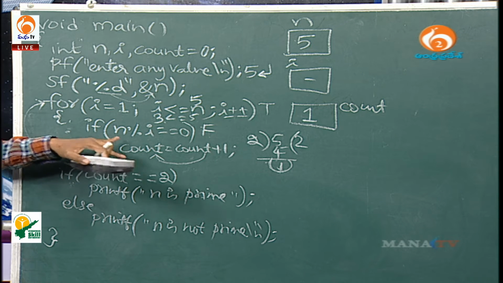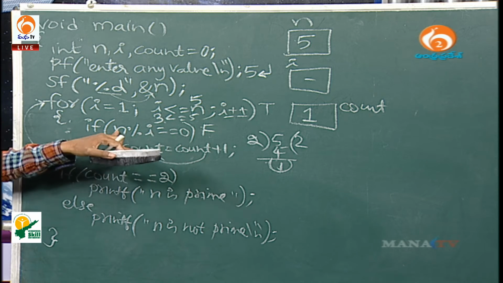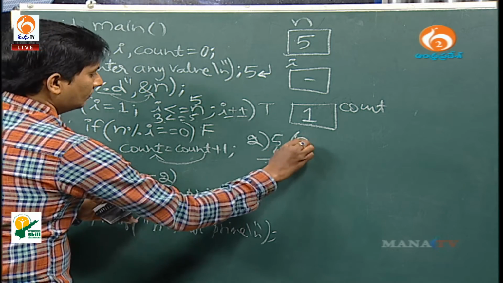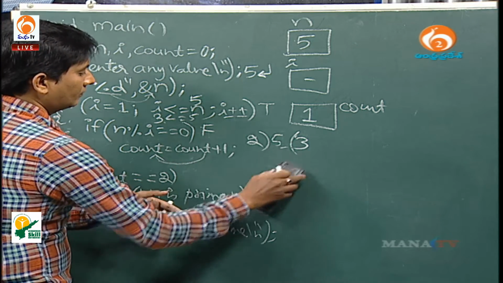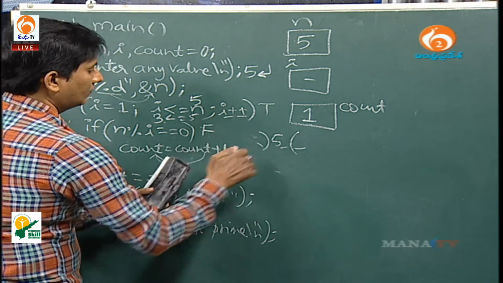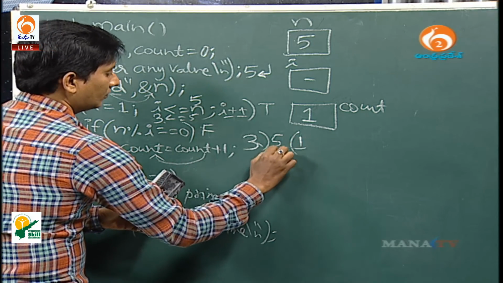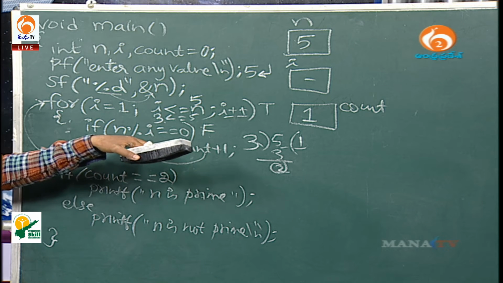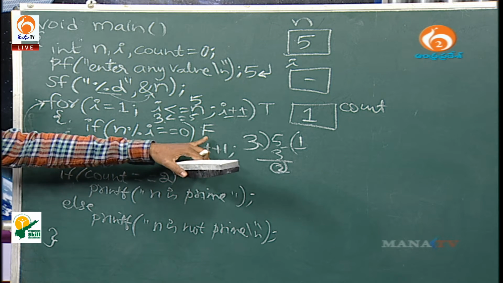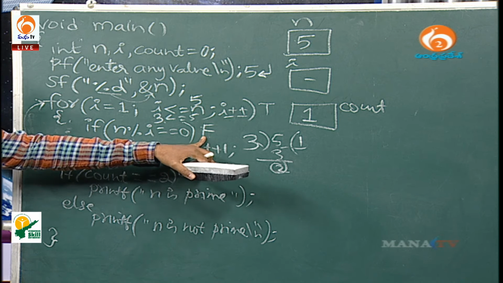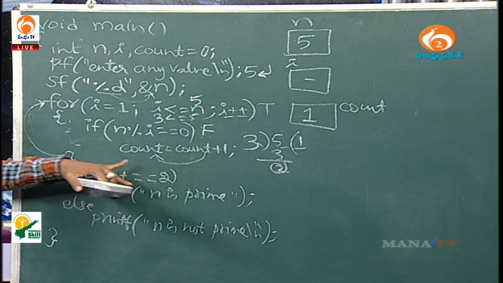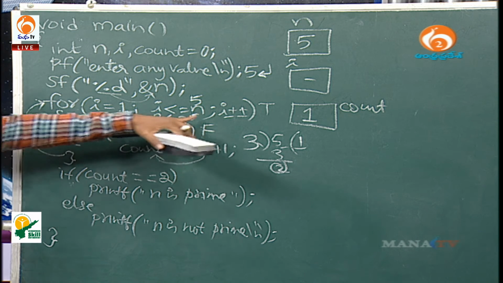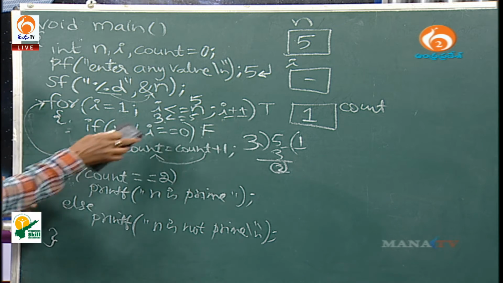If n % i double equal to 0, n is 5, i is 3. The remainder is 1, it is not divisible, so it becomes false and is not executed. Next, i plus plus, i is incremented by 1, that is 4.